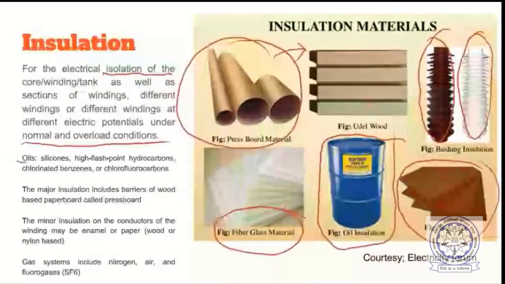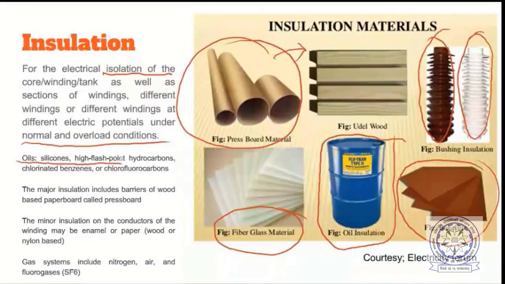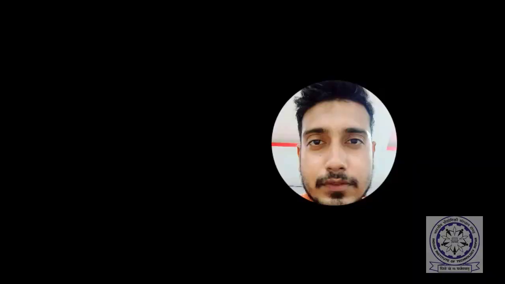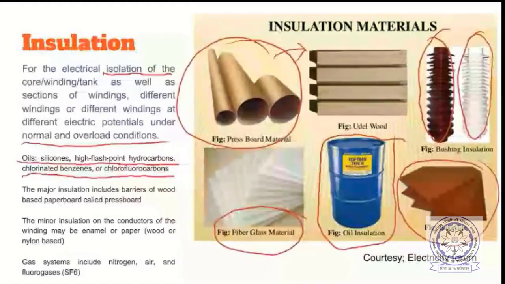So as per the oils, silicon oil and any high flash point hydrocarbon oil, chlorinated benzenes or chlorofluorocarbons are used in the transformer. Not all transformers, it depends on the rating of the transformer.